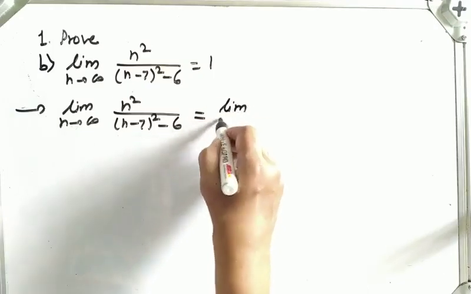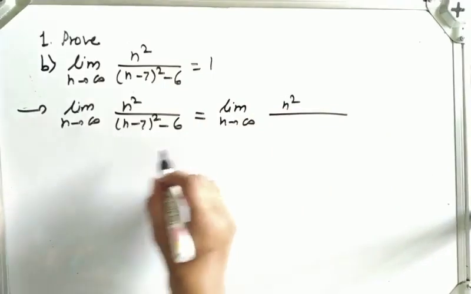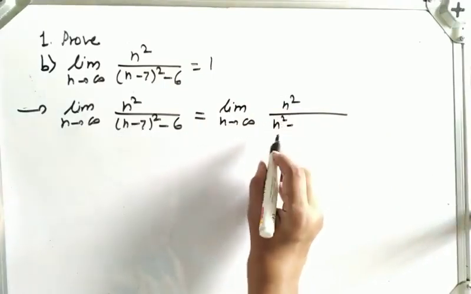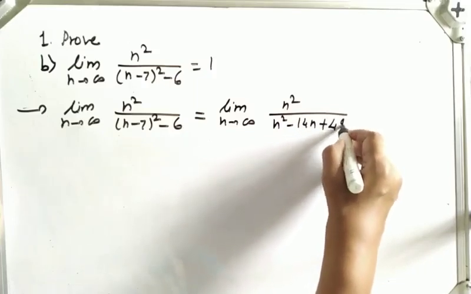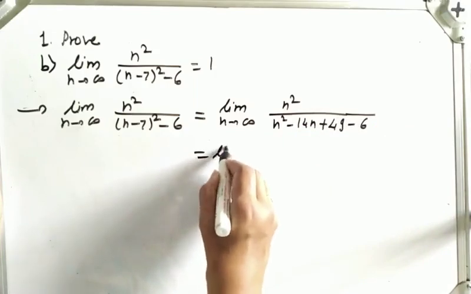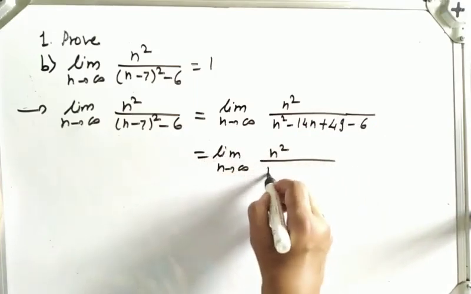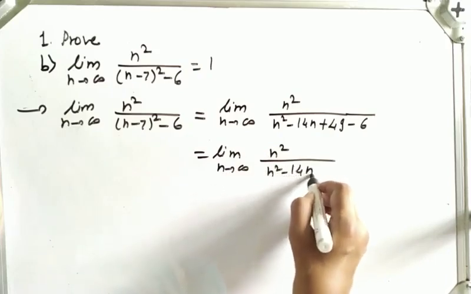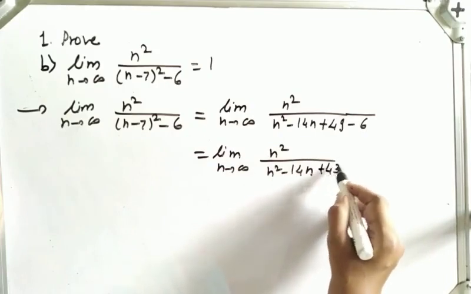So it is equal to limit n tends to infinity n square upon (n square minus 14n plus 49 minus 6), which is equal to limit n tends to infinity n square upon n square minus 14n, 49 minus 6 that will be plus 43.